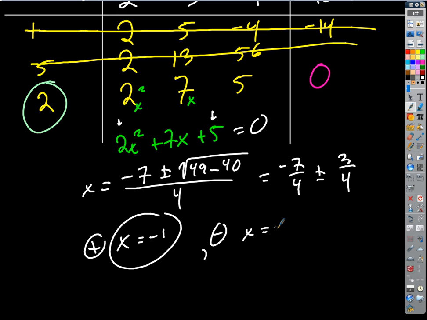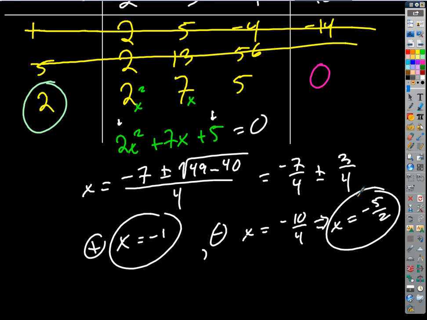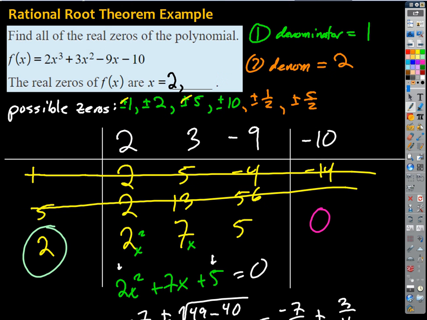So what's negative 7/4 minus 3/4? Negative 10/4. And you know what I said? I said 5 2s. You all laughed at me, which was fine, you were very close. It's negative 10/4, which is very close to 5/2, but it's negative 5/2. So we get x equals negative 5/2 and x equals negative 1. So we could just add those to our list, and that's all of our zeros.